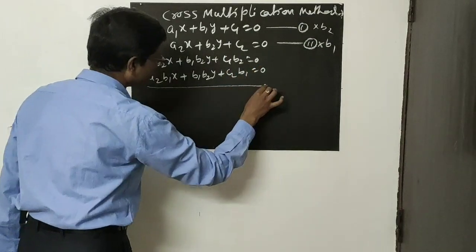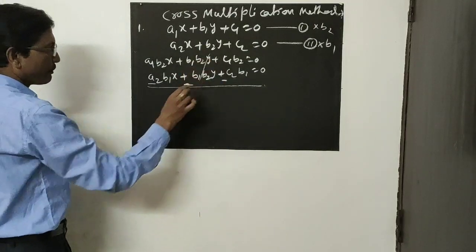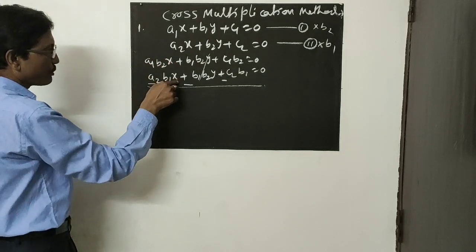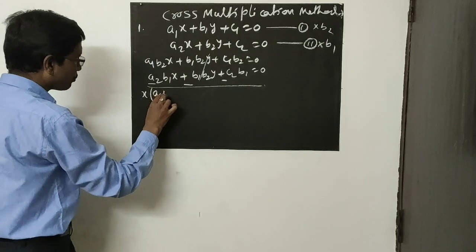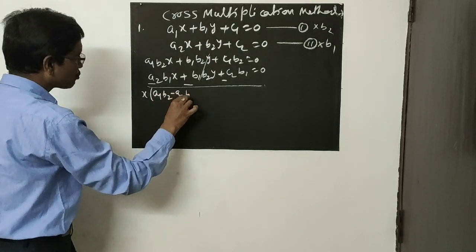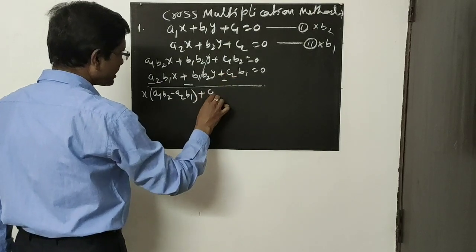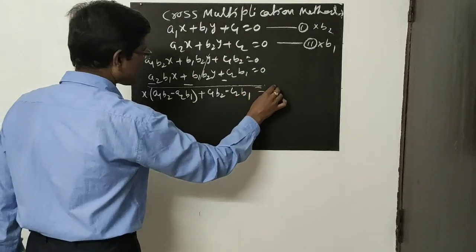If you want to remove y, subtract these, and see what happens. a1 b2x minus a2 b1x, so you can take x common, and it ultimately comes a1 b2 minus a2 b1, and there it will be c1 b2 minus c2 b1, equal to 0.